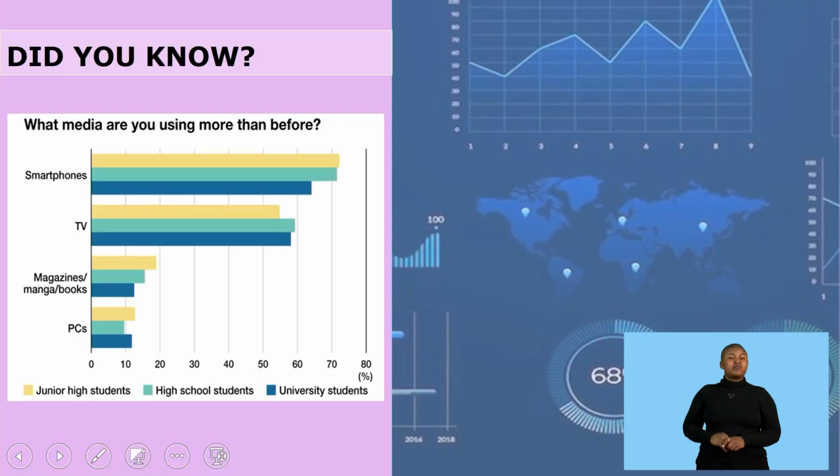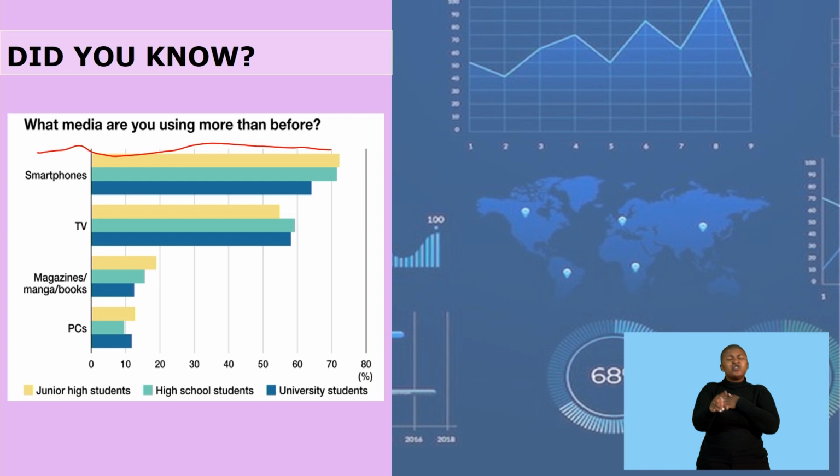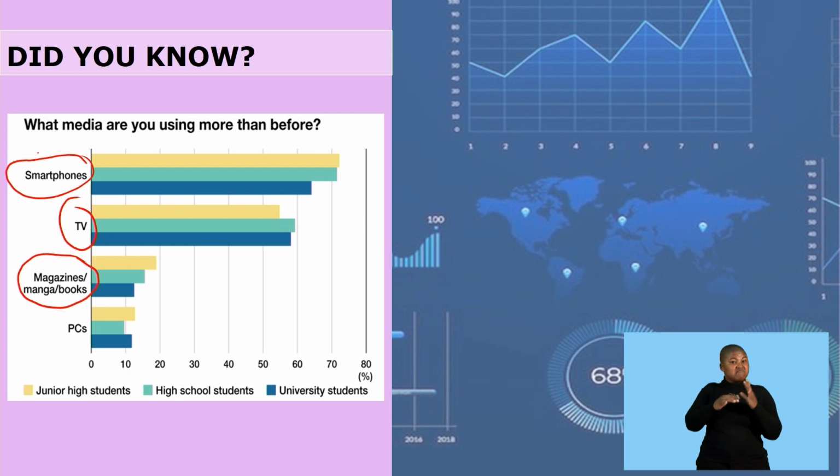Now, did you know you can use graphs everywhere, even in the media? Say, for instance, we asked learners, what media are you using more than before? And we gave them smartphones, TV, magazines, manga or books, and then PCs. You'll see that the junior high school students mostly use their smartphones.